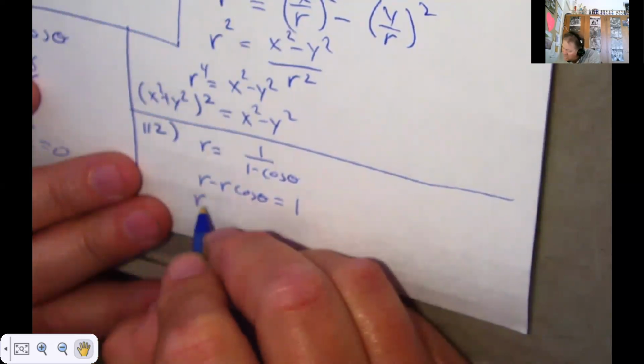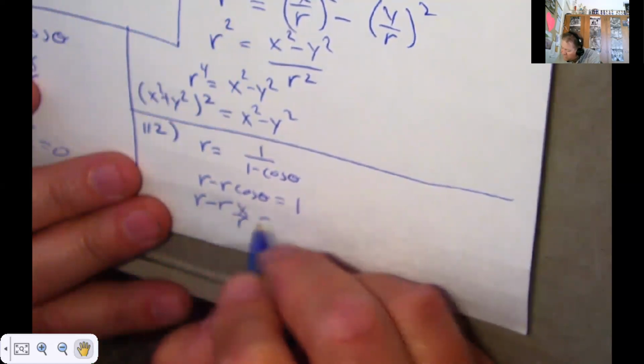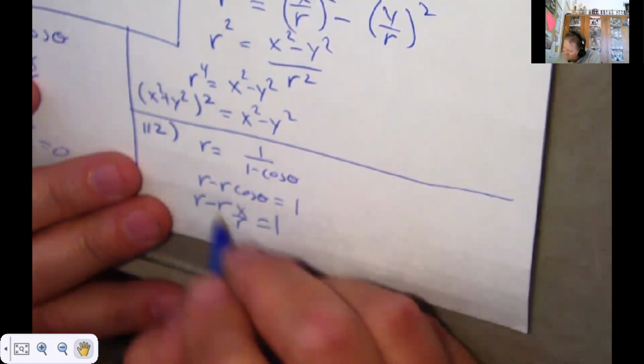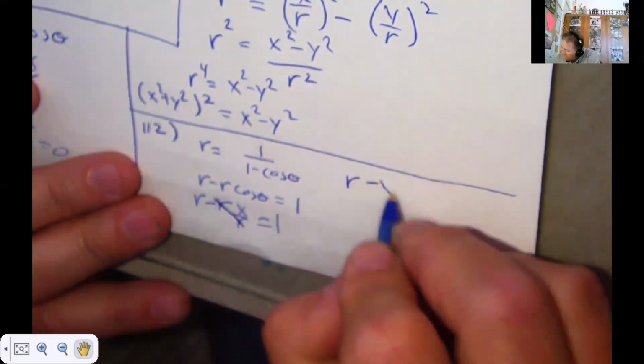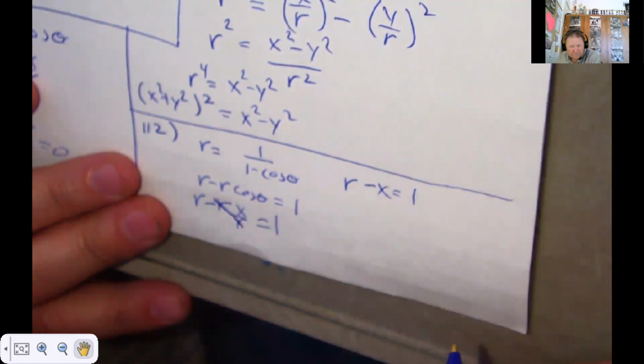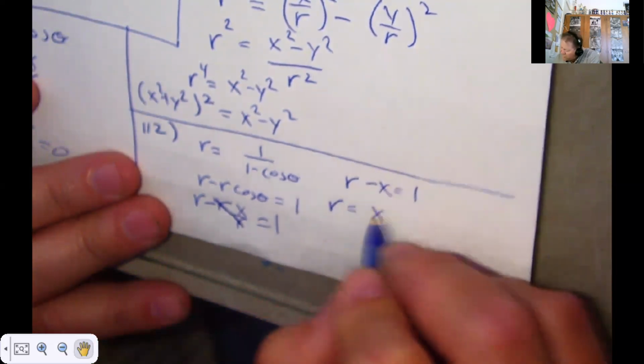That's going to be r minus r times x over r is equal to 1. And these r's cancel. So that's going to be r minus x equals 1. Now let's add an x to both sides. And this would be r equals x plus 1.